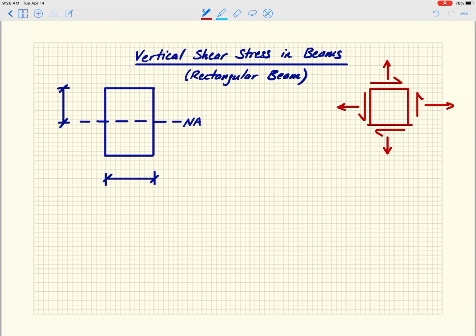And what we said was that both of these shear stresses, the horizontal one and the vertical one, were both the same, tau xy.